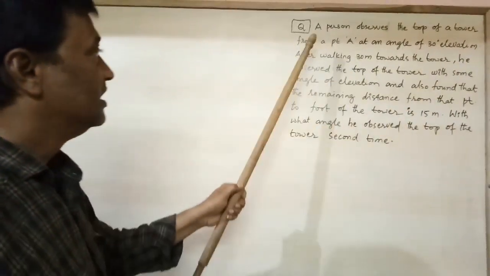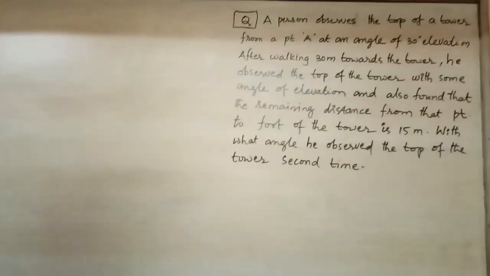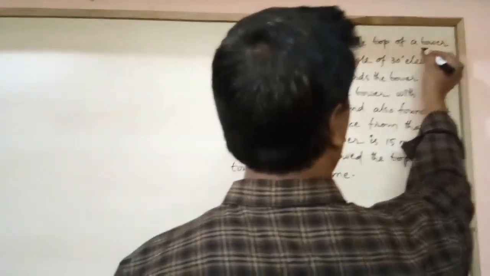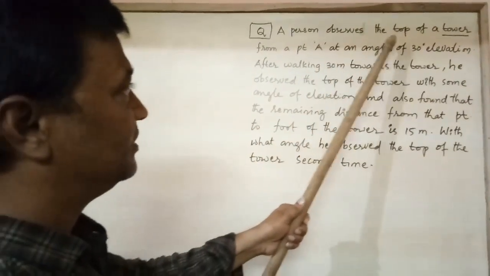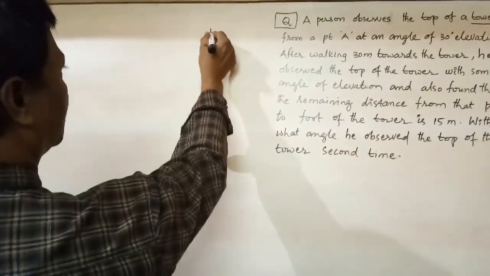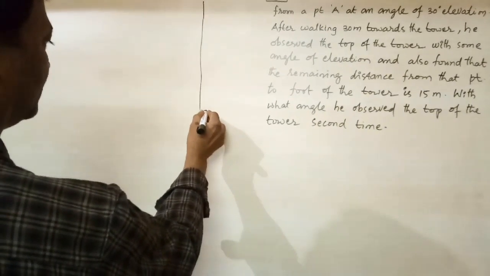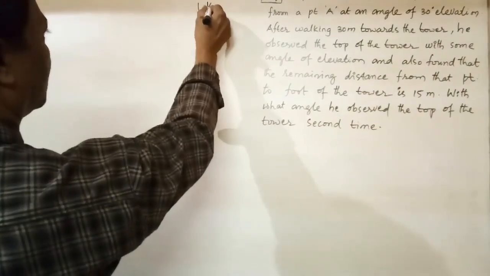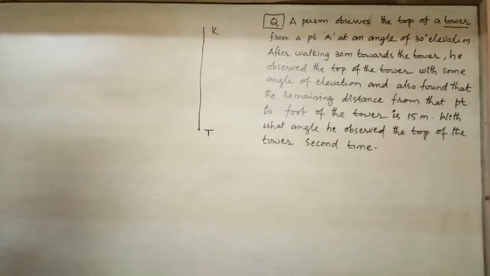A person observes the top of a tower. Here, the tower is important. Suppose this is the tower. Let this be the foot of the tower.